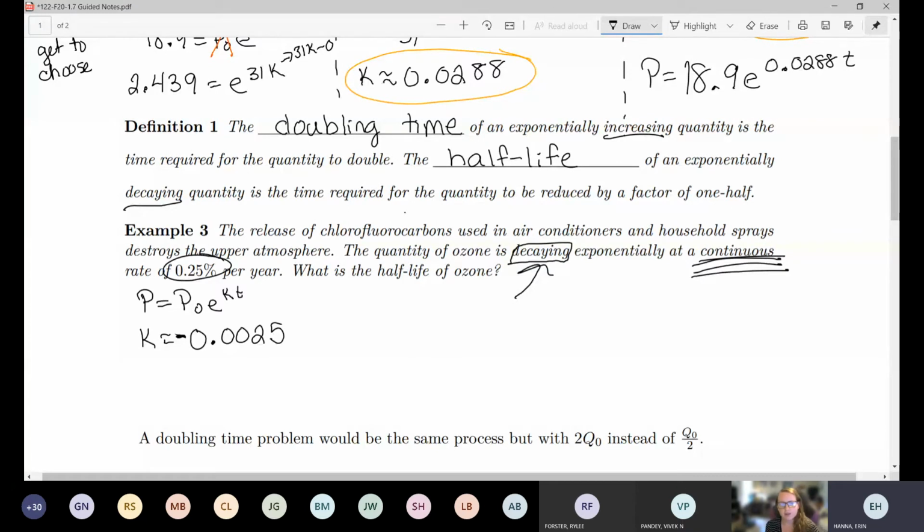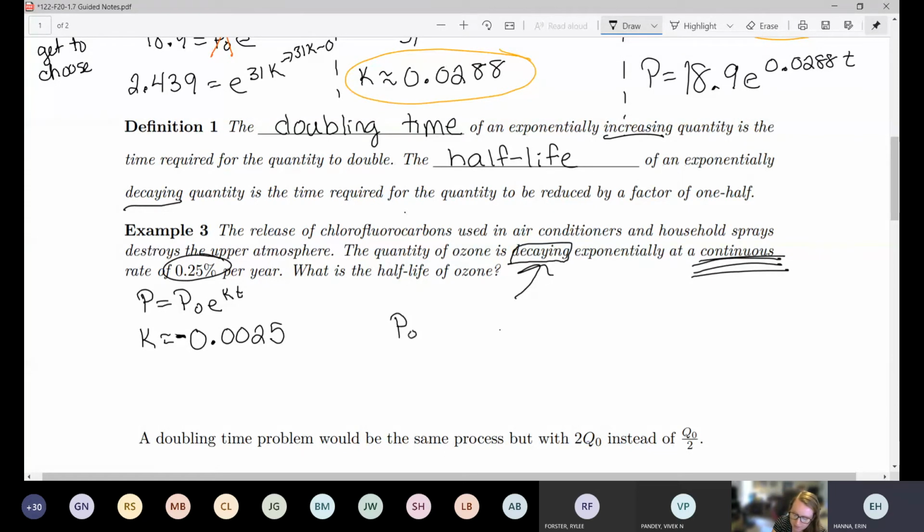Now, some of you might ask me, well, what the heck is P naught? I need P naught to be able to figure out the rest of this question. No, you don't. For half-life and doubling time questions, you don't need P naught. If it really bugs you to not have a number, pick one. Whatever number you like, pick it. Make it P naught. But here's the reason why we don't need it.